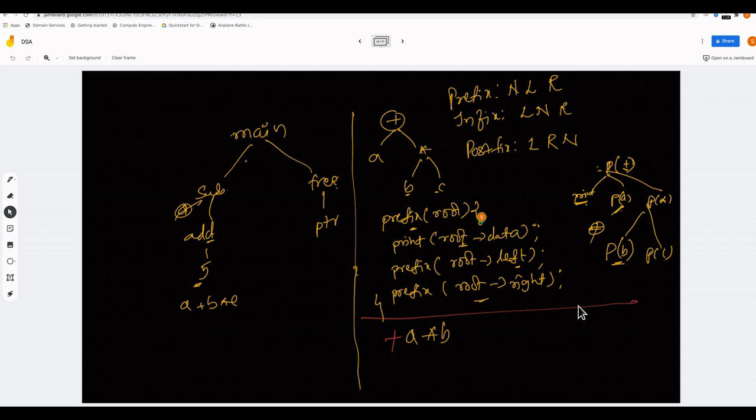I didn't keep that check, but please insert a check here that if root is null, so let me undo this and write with some red ink or some other color. If root is null, return.